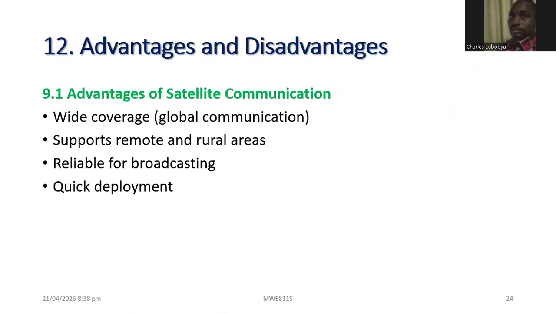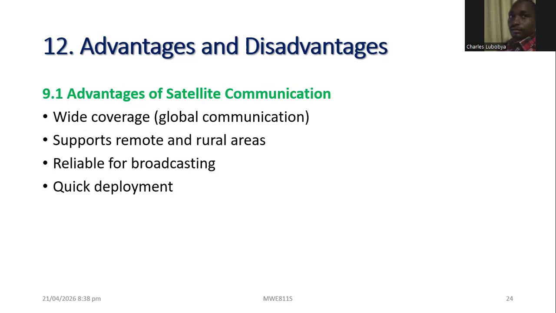So it offers wide coverage. Number two, it supports remote and rural areas. You're able to cover rural areas well, where you can't run cables. Therefore, satellite offers that advantage.